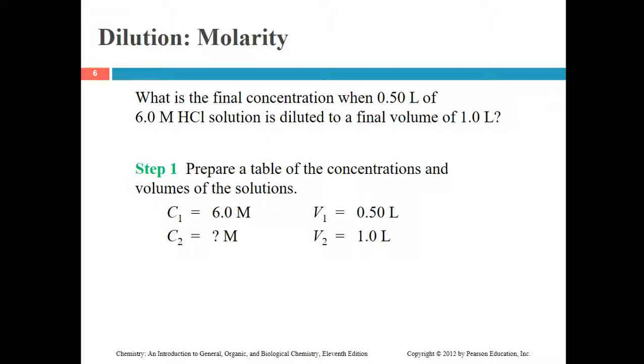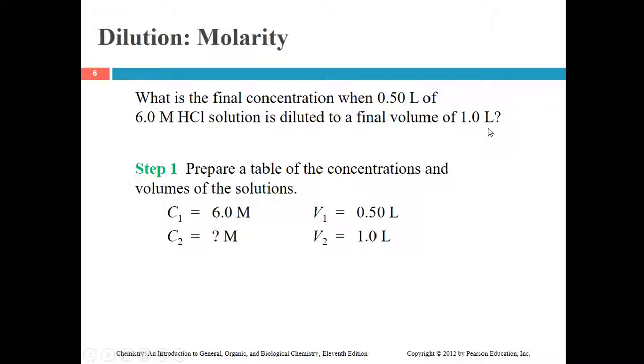If they use the word dilution or diluted here, then we know we're going to use the concentration, M1V1 equals M2V2, or C1V1 equals C2V2. So 0.5 times 6.0 equals 1 times X.